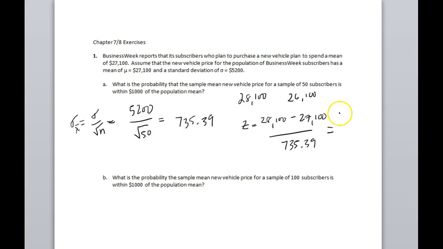So it's going to be positive 1,000 over 735.39. So this actually gets us a positive 1.36. And then, not surprisingly, this 26,100 minus 27,100 is going to be a negative 1,000 on the top, divided by that same 735.39, which gets us a negative 1.36.